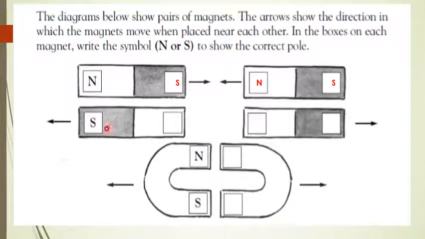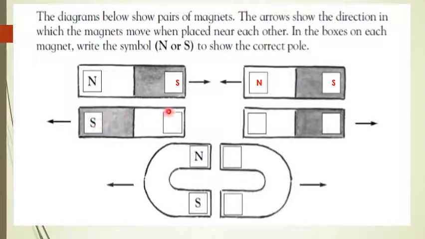Now let's look at the next one. The arrow is showing that the two magnets are repelling from each other, or moving apart from each other. So let's guess together this pole.